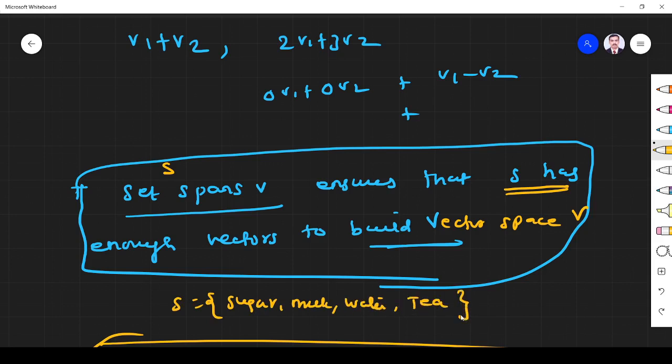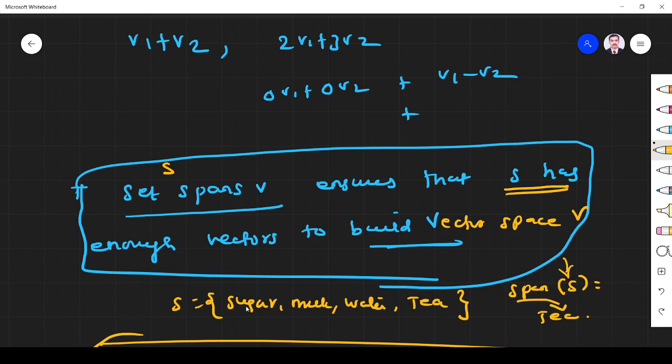Let us assume this is a set S. Span S means what? By using this, you can generate a vector space called tea for any numbers. If you are able to serve tea for a whole population, then this is called span S, right? By using the linear combination.